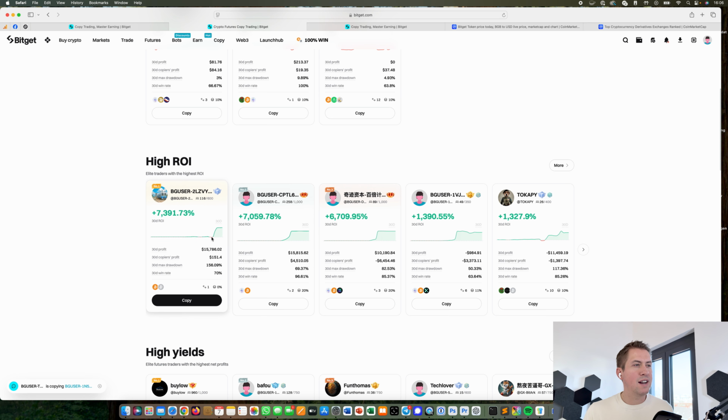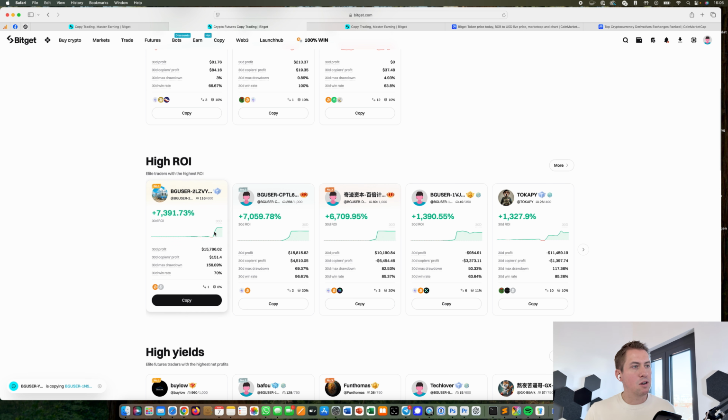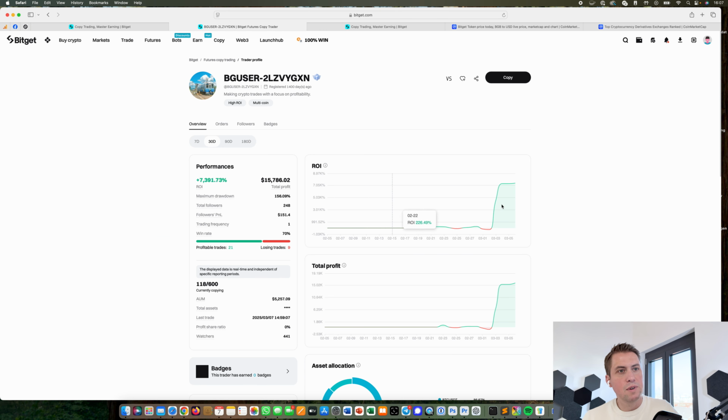There you can see the high return on investment traders, and you have to be really careful here, because they show you that he made over 7,000%. However, if you look at it, it's basically just one or two trades he did here that were successful, and the rest didn't really work out.